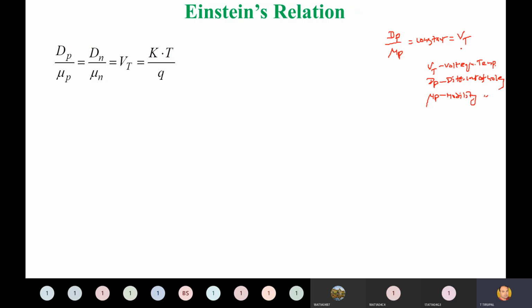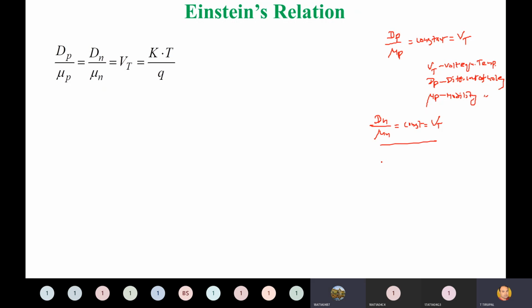Or you can write the same formula as Dn in n-type semiconductor divided by mu n is equal to a constant. That constant is equal to how much? Vt, where Vt is volt equivalent temperature.